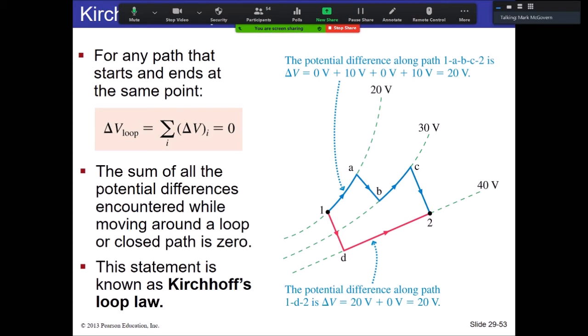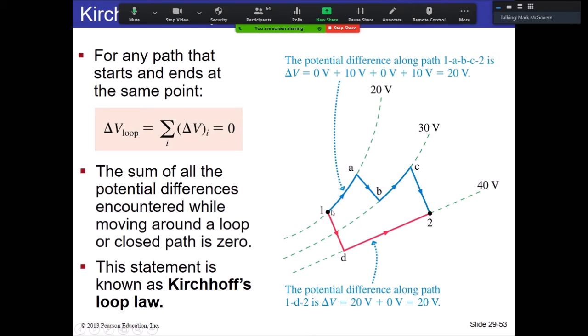So if I want to go from point 1 to point 2 here, I can go from 1 down to this point D here, which is going to be an increase in 20 volts. Then if I travel along the equipotential line, there's no work required because there's no change in energy there, and I get to 2. That's one way I can go about doing it.